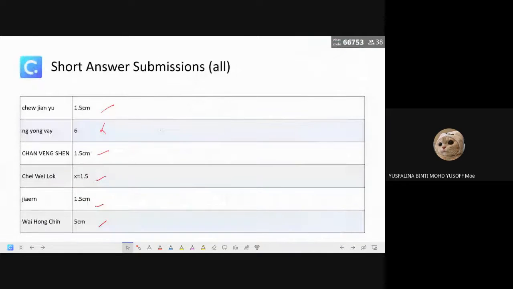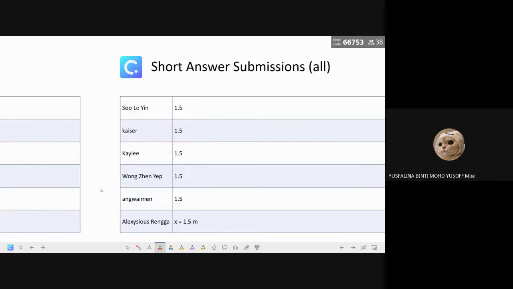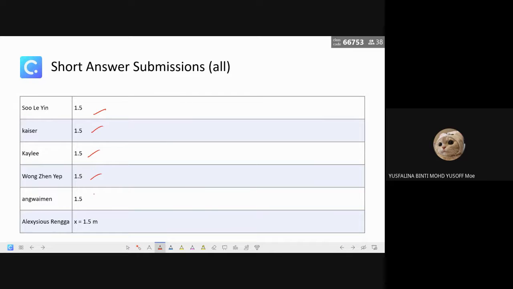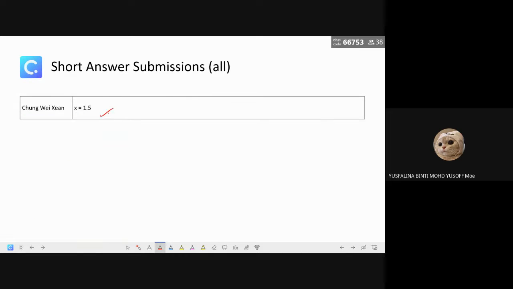Actually it's correct, right? 6 divided by 4, you get 1.5. But in physics, you cannot leave your answer in fraction. Please answer in the decimal point. So this one also is correct. Okay, very good.